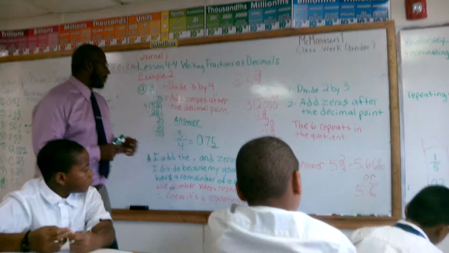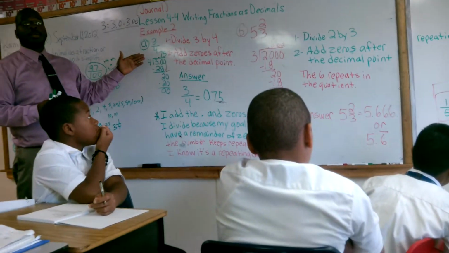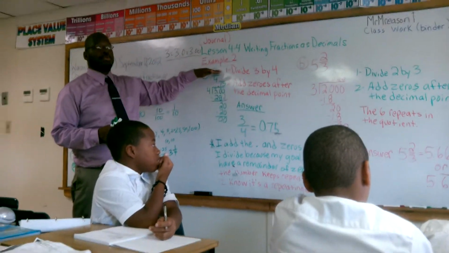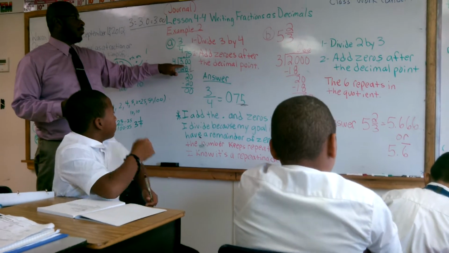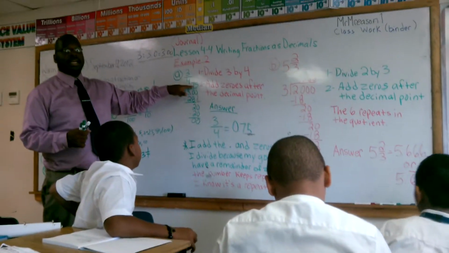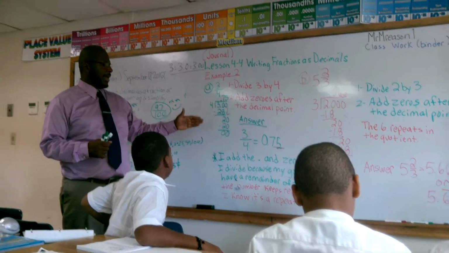So let me go back to this problem. In order to convert this fraction into a decimal, I had to divide the denominator into the numerator. Add a decimal, I add 2 zeros. And this is a terminating decimal because it didn't go on like 5, 5, 5, 5, 5. Any questions on A?